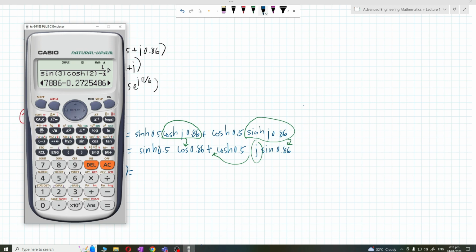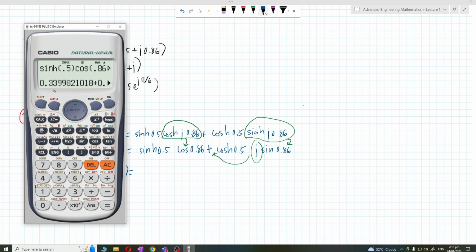Equal to hyperbolic sine 0.5, cosine of 0.86, so plus tayo, and then the cosine hyperbolic of 0.5 times j the sine of 0.86. Ayan.